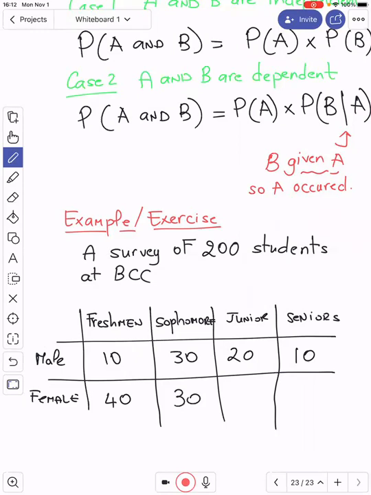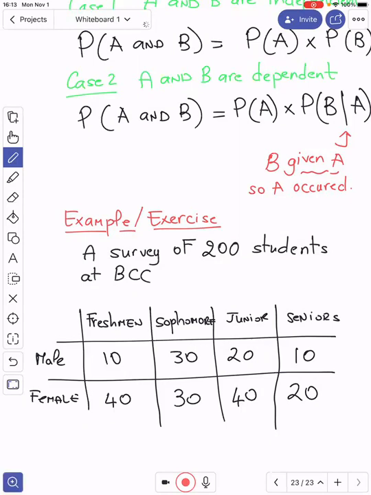So here in total we have 140. For female juniors, another 40, and for female seniors, 20. As you can see, the total number of students, 10 plus 30 plus 20 plus 10 plus 40 plus 30 plus 40 plus 20, will be 200.